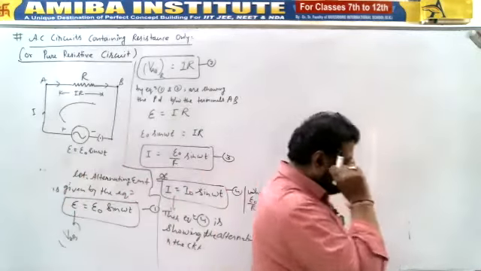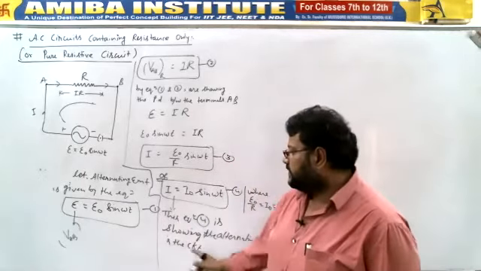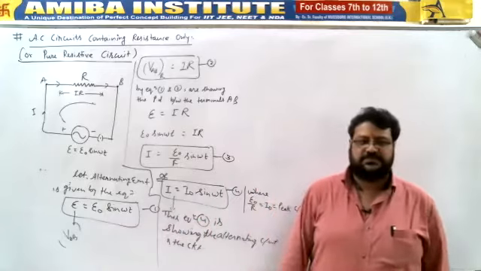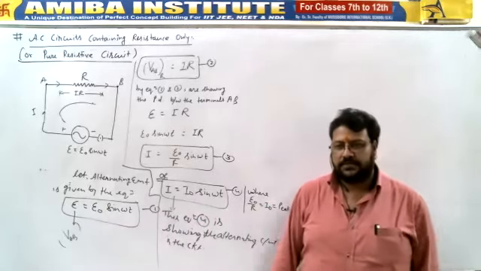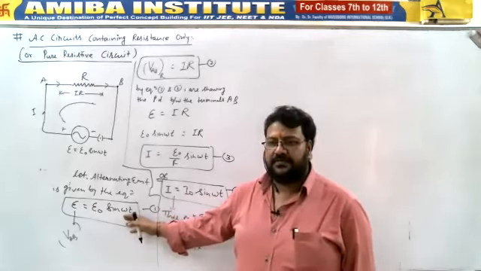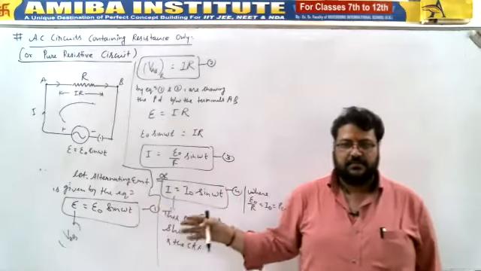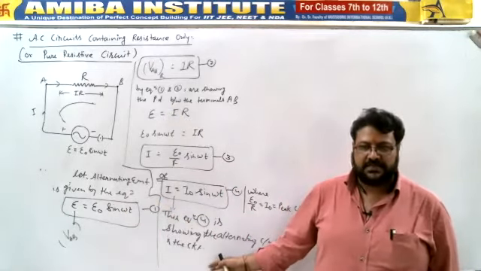Since by equation 4 and equation 1, if we compare, what is the phase difference between them? 0 degrees. It means their maximum value will be at the same instant, minimum value at the same instant, and again negative values will be in the same manner.